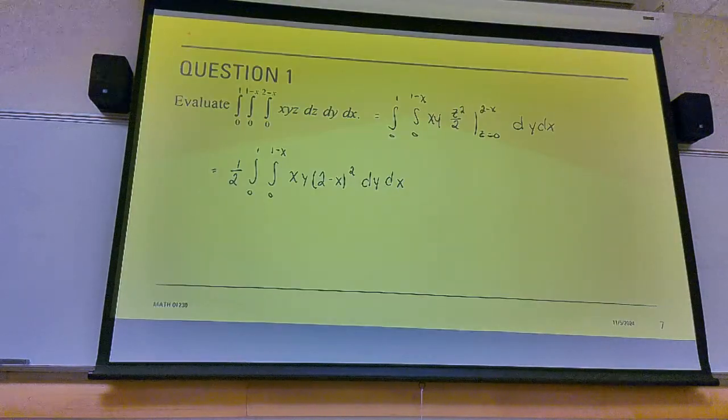Let's see how lucky we get. I'm not going to expand that out just yet. Now we integrate with respect to y.